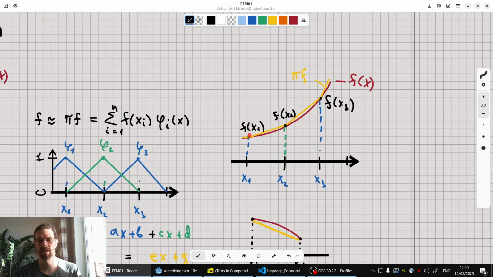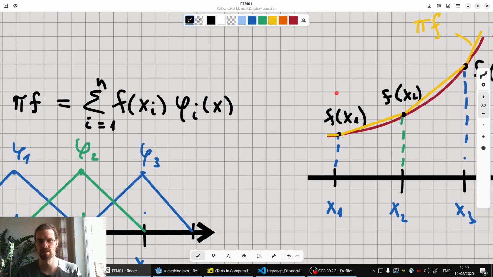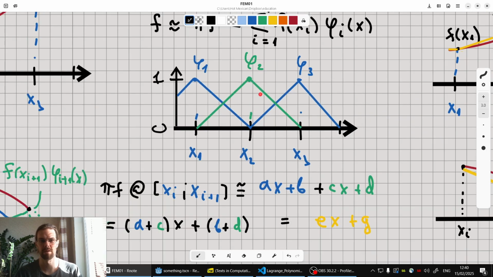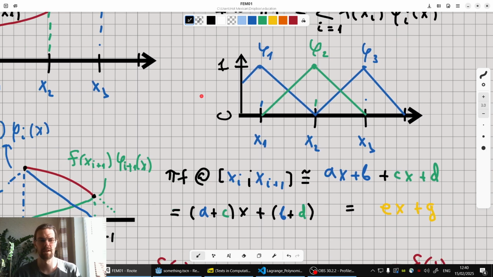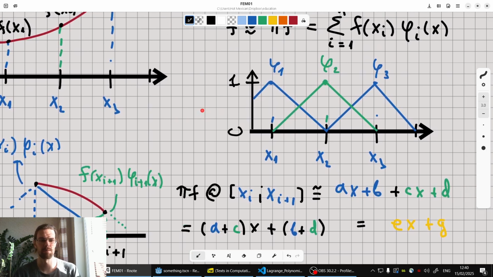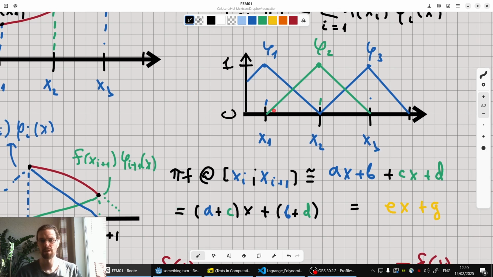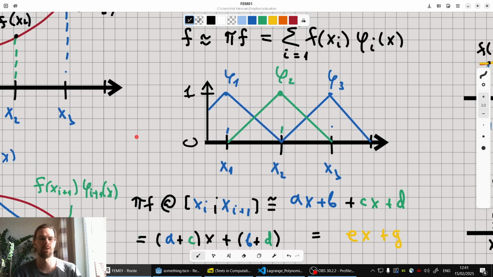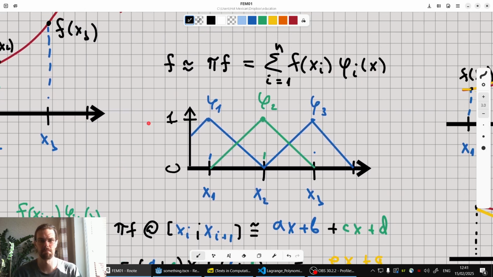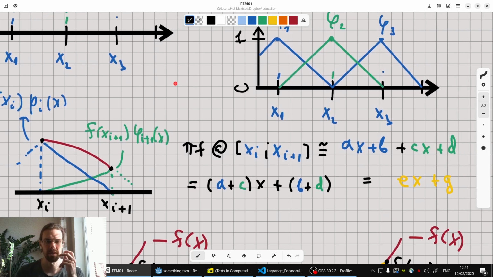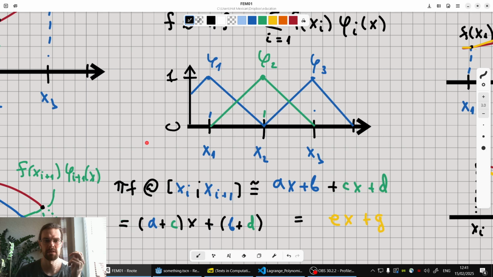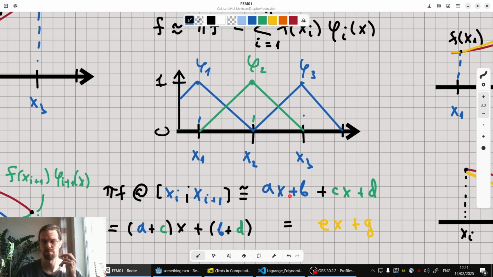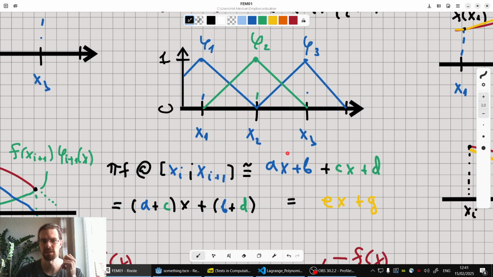In order to understand why the result is that, we notice that these functions are only locally overlapping. So if I want to determine the value somewhere in an interval between x1 and x2, or xi and xi plus 1, I only have to consider two functions in this sum. And the sum of these functions, which are linear, is another linear function.